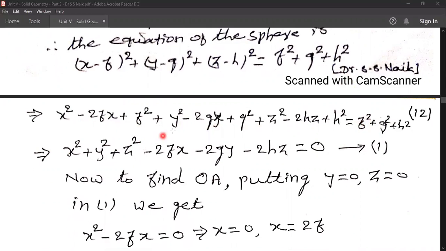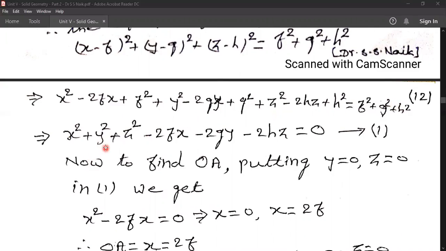Then cancelling f square, g square, h square on both sides, we are left with x square plus y square plus z square minus 2fx minus 2gy minus 2hz is equal to 0. This is equation number 1.